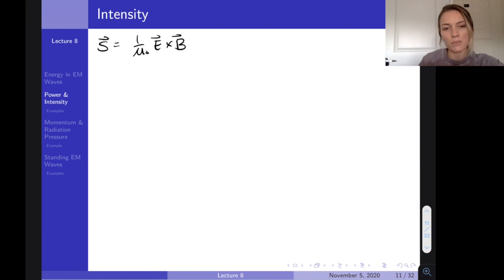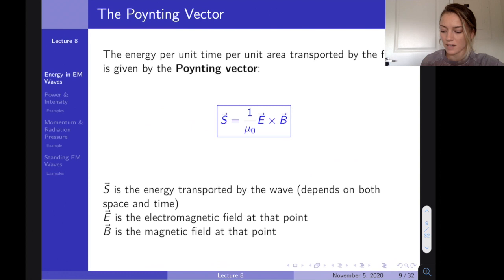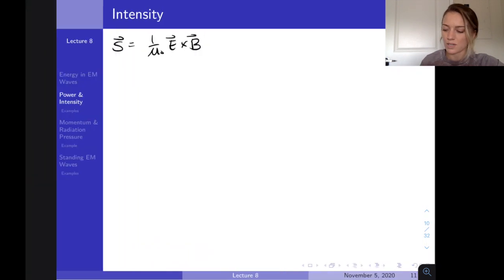So the only point of writing it as a vector is just to tell you what direction it's in, because the Poynting vector, since it's a vector, has a direction. It tells you what direction the energy is flowing in. That's really the only purpose of the vector part here, because these are always going to be perpendicular. So you never have to worry about a sine theta in here, since our electric and magnetic fields will always be at 90 degrees.